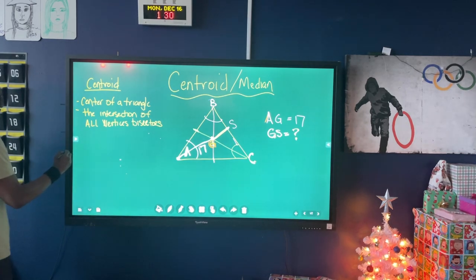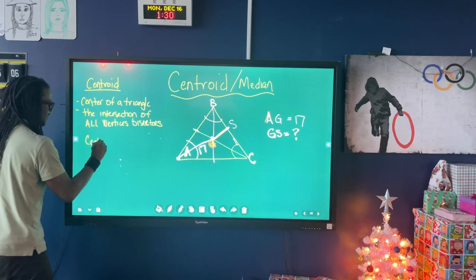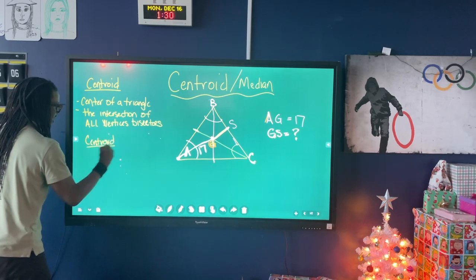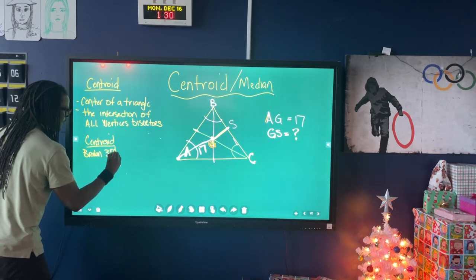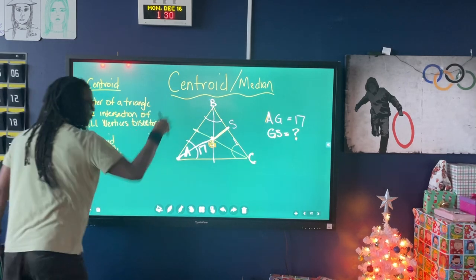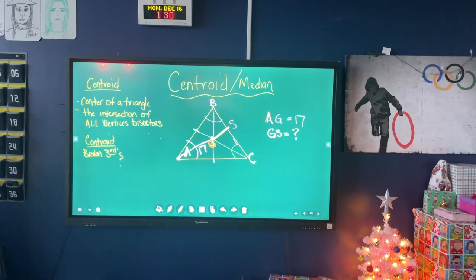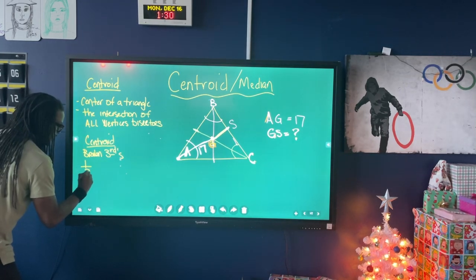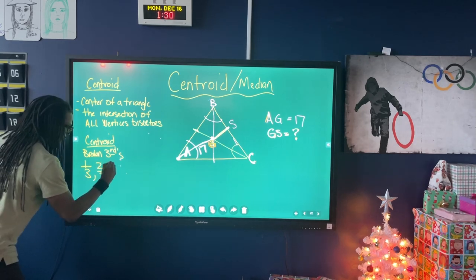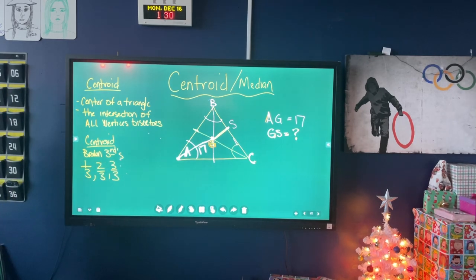The centroid is broken in thirds. If it's 3 points from 3 different angles, we break them in thirds. So therefore, the segment parts that you'll see, 1/3, 2/3, and then the entire whole.